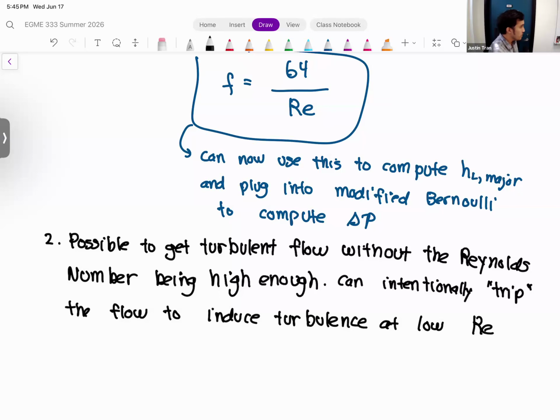And this concept of tripping turbulence is something we'll return to when we talk about external flows at the beginning of next week. There are practical reasons for it too.